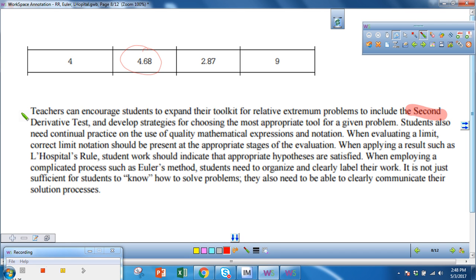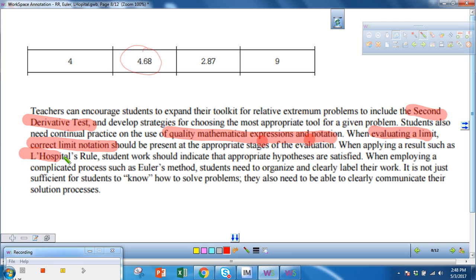You need to make sure you know the second derivative test. You need to be able to write things using mathematical expressions and notation. When evaluating a limit, use correct limit notation, meaning every time you take that limit, you should write the limit as.